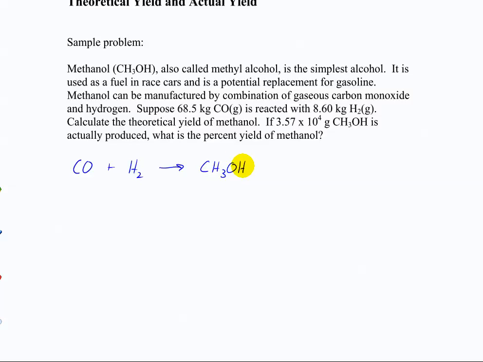And to balance that, all we have to do is say 2 hydrogens. Okay, there's our equation. Now we have 68.5 kilograms of CO and 8.6 kilograms of hydrogen.